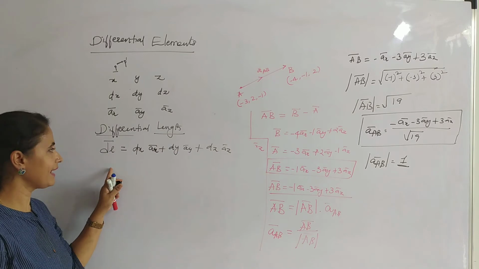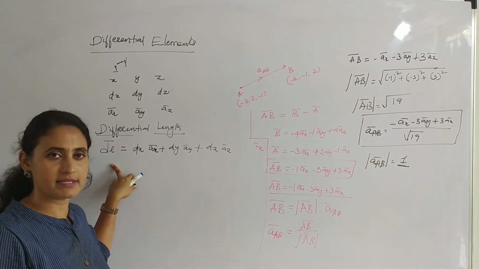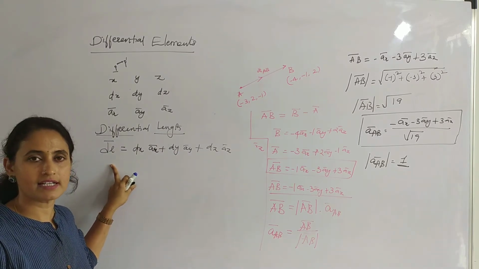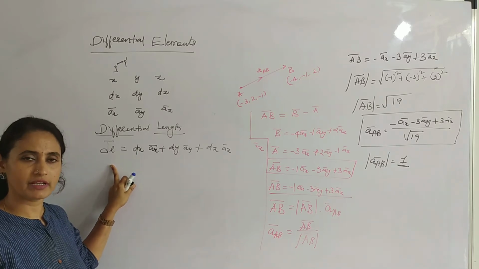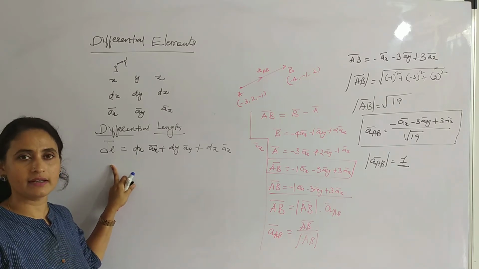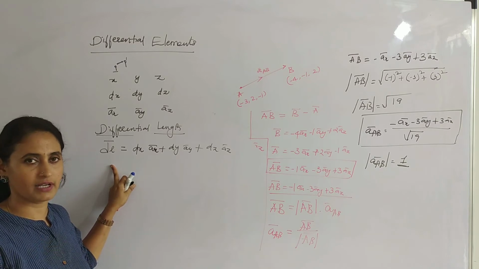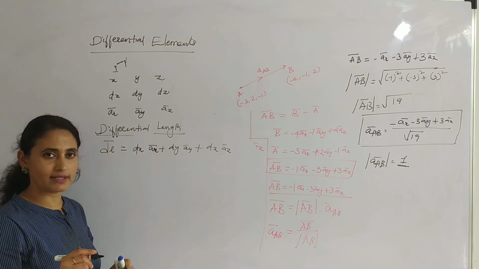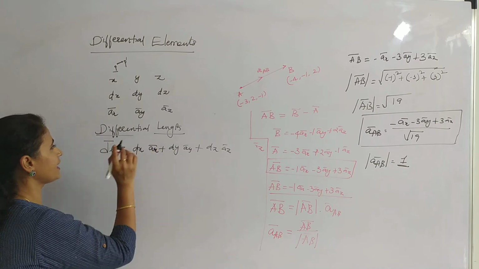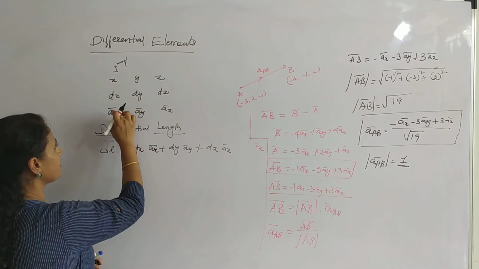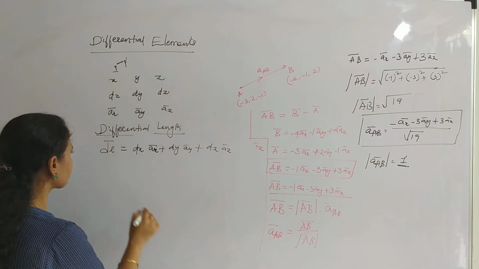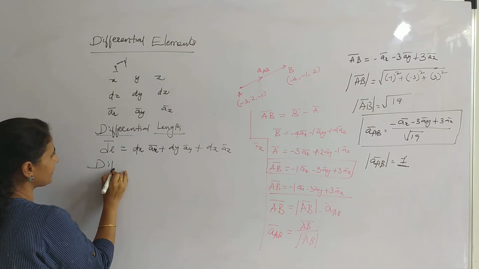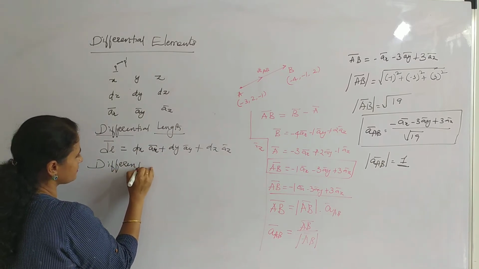These differential elements in the Cartesian, cylindrical and spherical coordinate systems are very important, without which we cannot understand electric or magnetic fields. So please focus on all the differential elements. The differential length is given by dx along x, dy along y and dz along z.